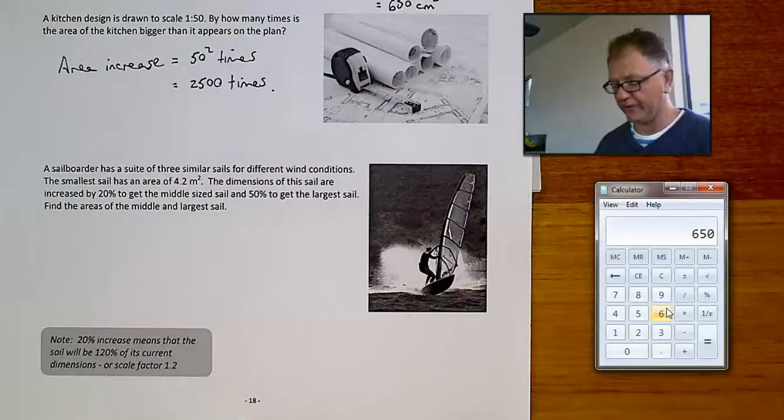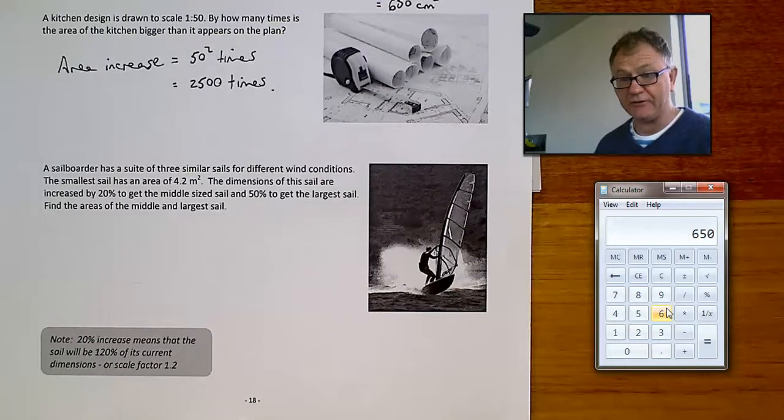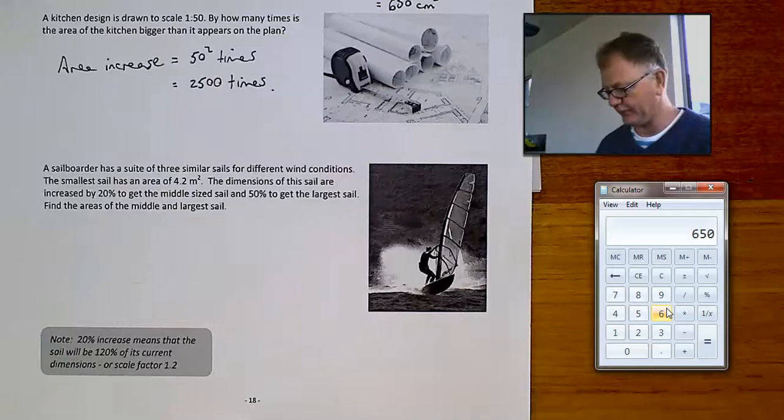The smallest has got an area of 12.2. The middle size sail is 20% bigger than the bottom sail. Now if it's 20% bigger, that means 20% added on to its 100% of its size. So all up it's going to be 120% of its original size.